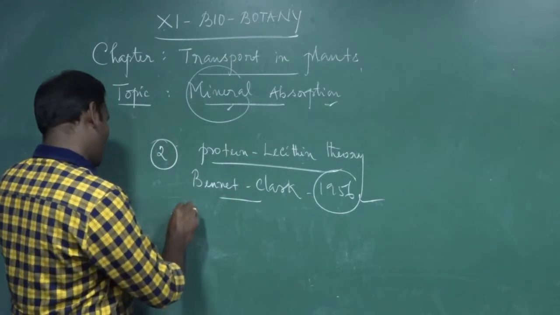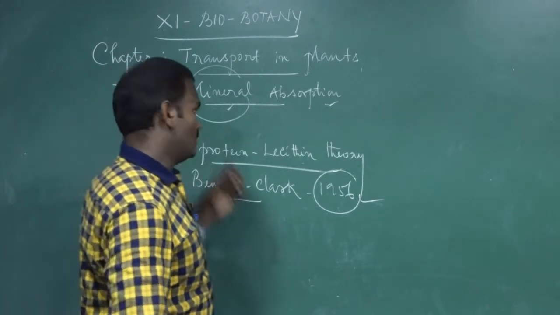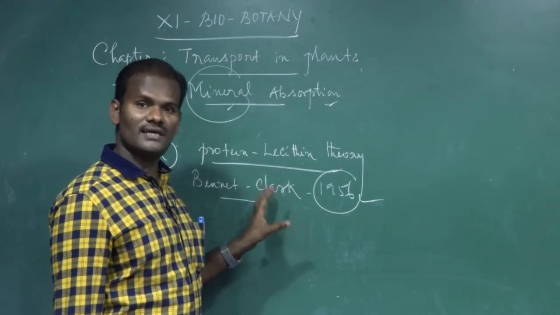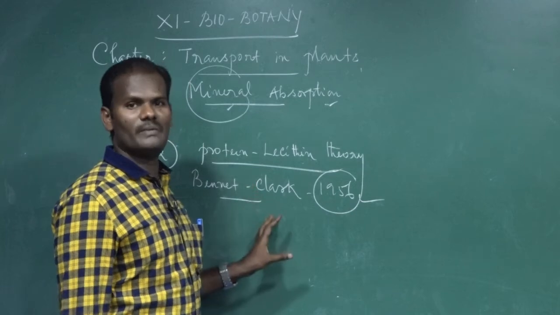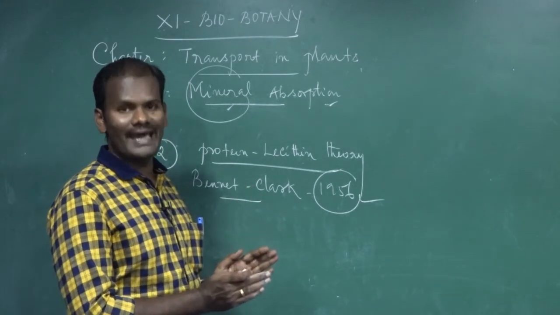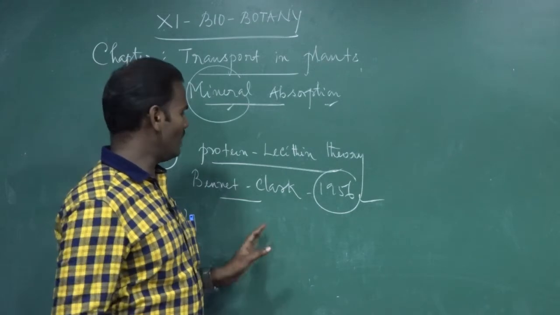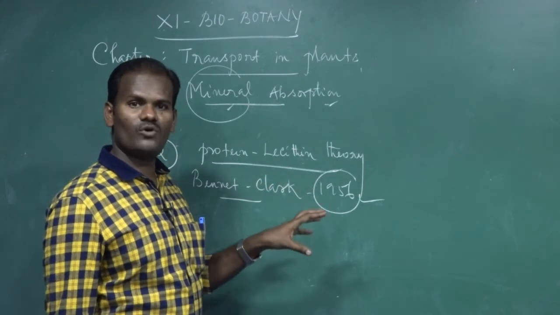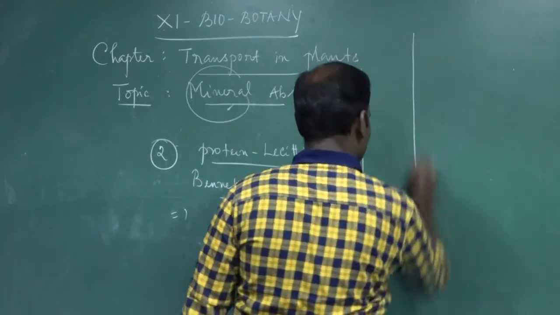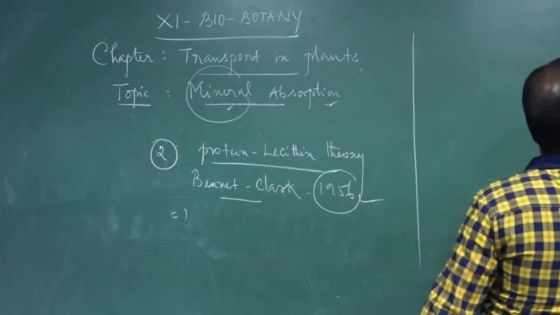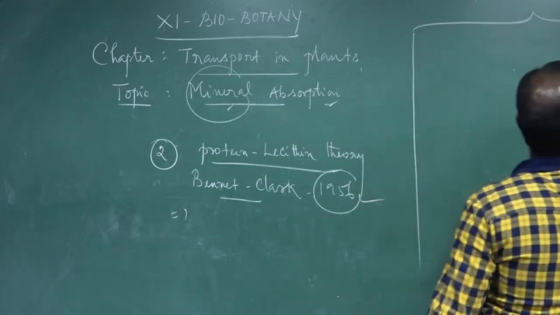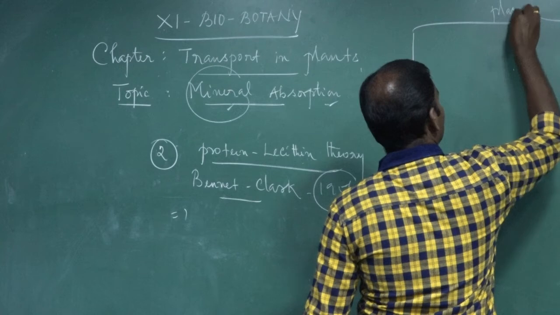According to this theory, carrier proteins present in the plasma membrane are associated with phosphatidic acid to form a special type of carrier called lecithin. Let us assume this is a plasma membrane.